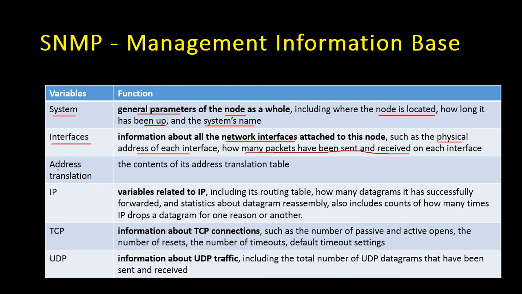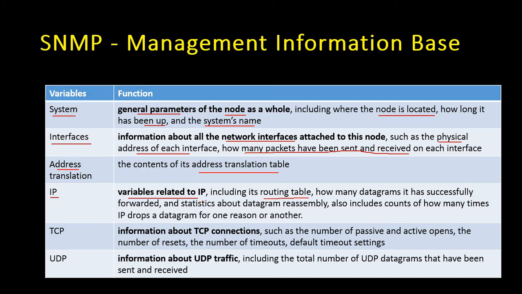Next is the address translation, which is a mapping from IP address to MAC address, or from MAC address to IP address. That information is stored inside this address translation table. Then we have IP, that is Internet Protocol, which includes the routing table.